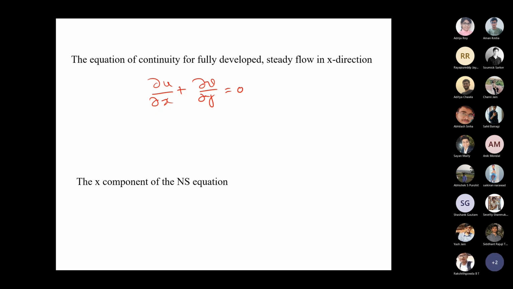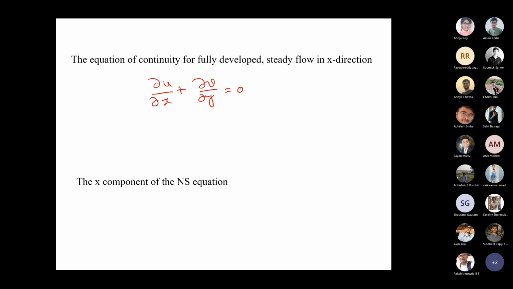Del u del x plus del v del y. Obviously, the z part is not relevant here since z is too large. So can you say something about the terms of this equation? How about the first term? Will it be relevant? When can I say that del u del x is 0?